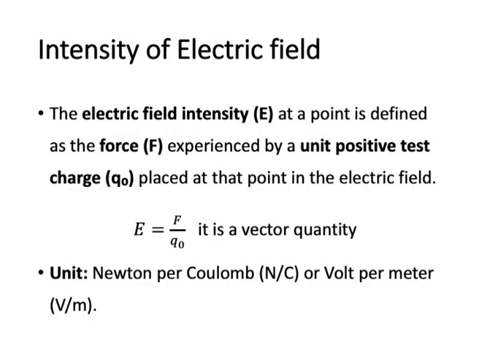Here the unit positive test charge can be taken as q naught. Then we can write the force experienced by the unit positive charge as the electric field intensity, that is E is equal to F by q naught. So, the electric field intensity E is equal to F by q naught.